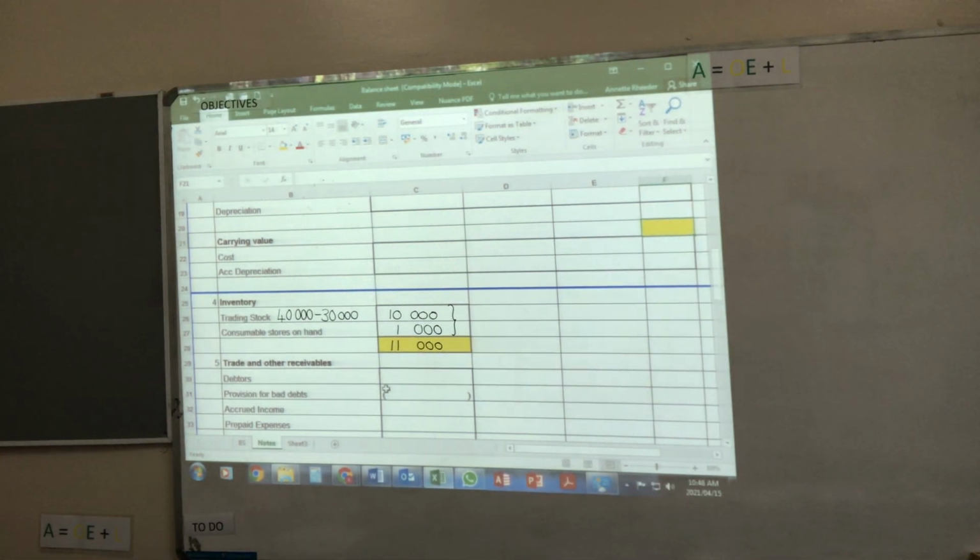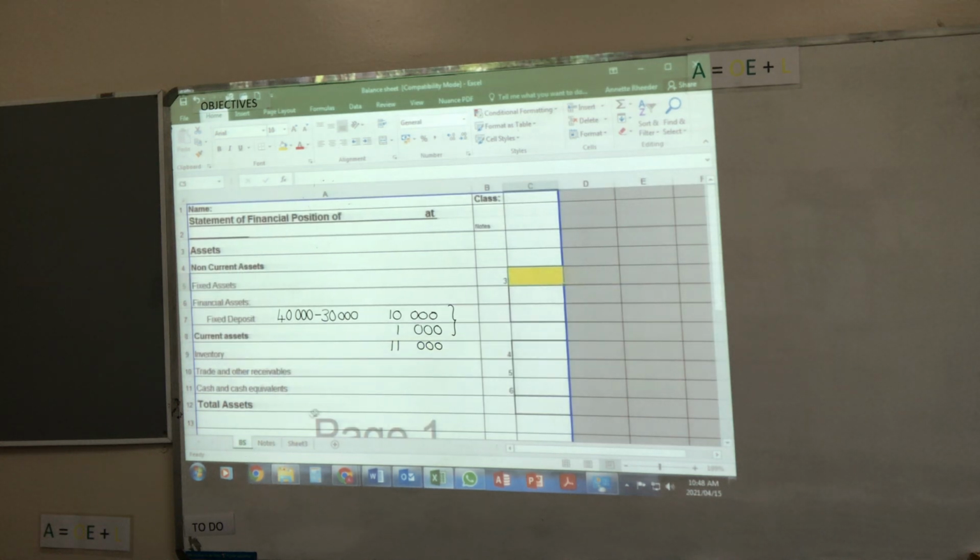But when we record it in the face of the financial statement, we're going to record next to inventory here. This is where I will record the 11,000 Rand. I'm just going to put this in yellow as well. So can you see that in the face of the statement of financial position, I do not have the details.